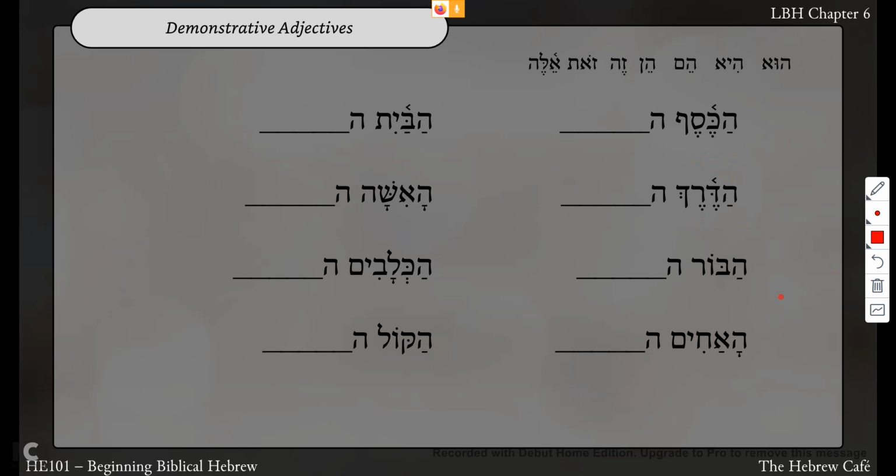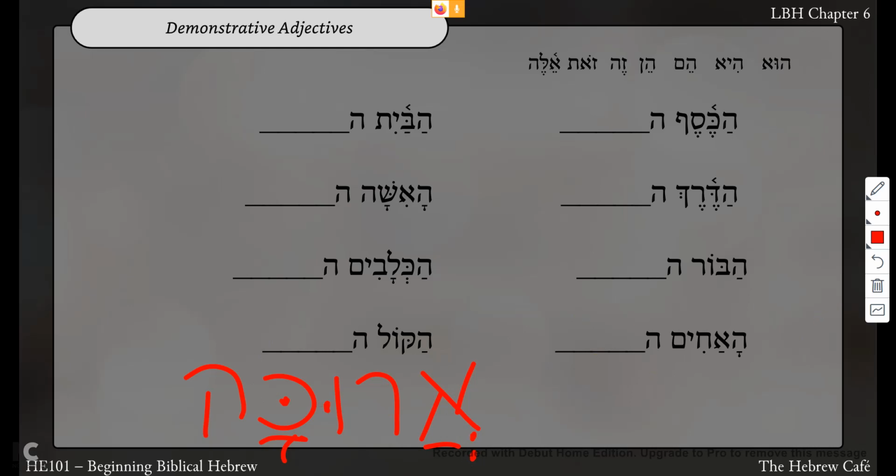So you could say derech aruka. Aruka means long. Derech aruka is a long road or long journey.